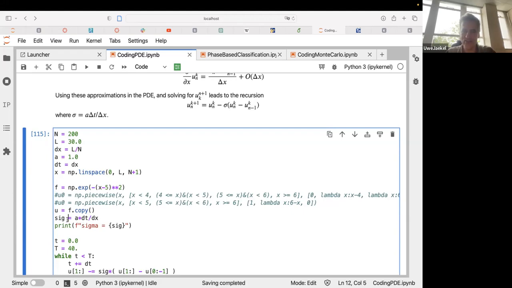So you can only achieve that sigma is less than or equal to 1. You will want to avoid that it becomes bigger than 1, but you have to guarantee that it is less than or equal to 1.